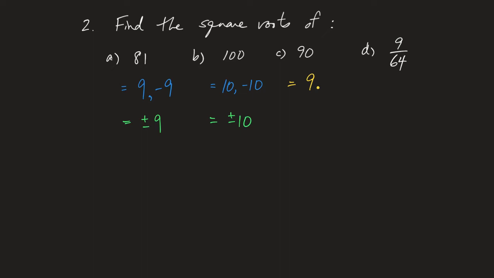Well, take a look at the two previous problems. You know that 81 gave you a square root of 9. 81 is a little bit below 90. 100 gave us a square root of 10. 100 is a little above 90. So 90 is in between 81 and 100. So the square root of 90 has to be between 9 and 10.